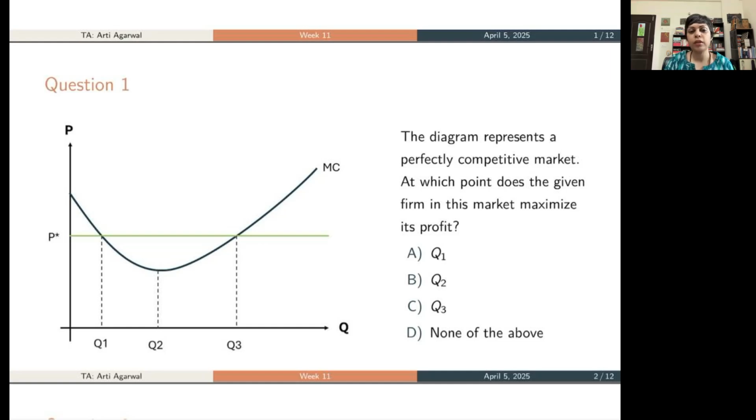The market price is not changing by the firm's decision, which is essentially what happens in a perfectly competitive market, right? So the question is asking, at which point does the given firm in this market maximize its profit? So that is the question. And I will allow you to think for a few minutes before we discuss the question.